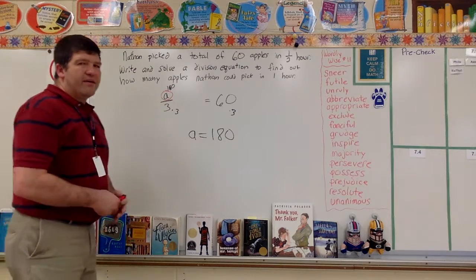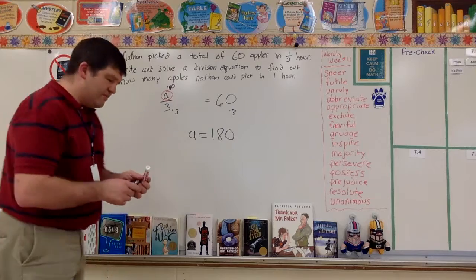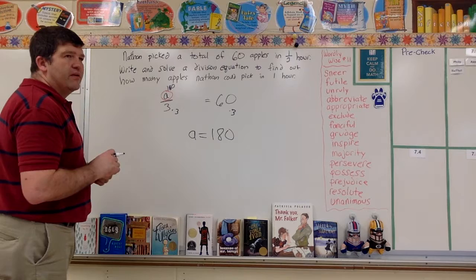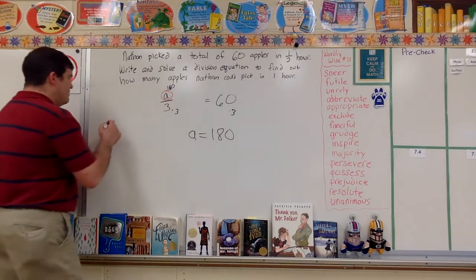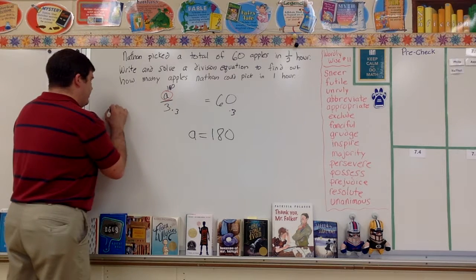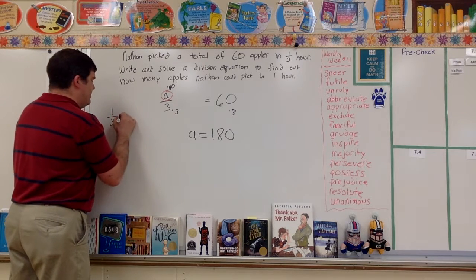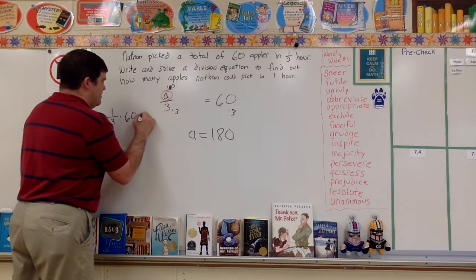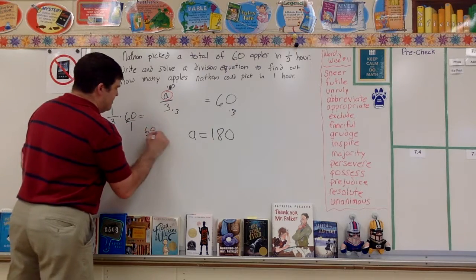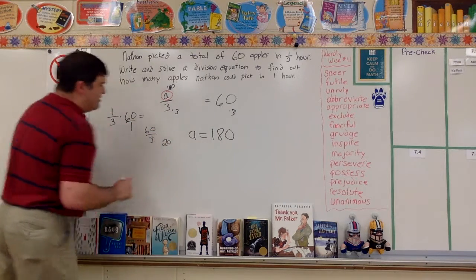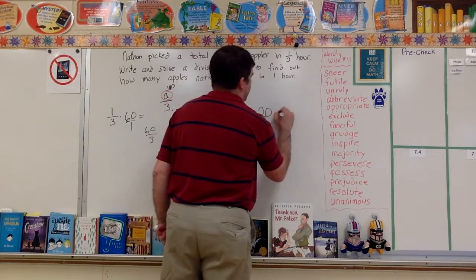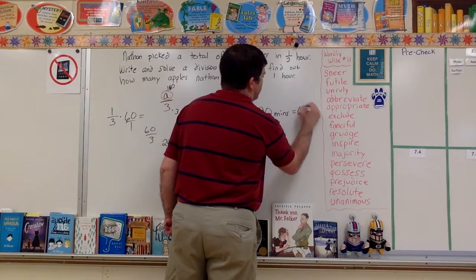The other way I can think about this, just a little different way, I'll just kind of run this through. We know 1/3 of an hour. We could take it to minutes. We know we have 60 minutes in an hour. 1/3 times 60 would be 60 over 3, which is 20. So 20 minutes. So in 20 minutes, I pick 60 apples.